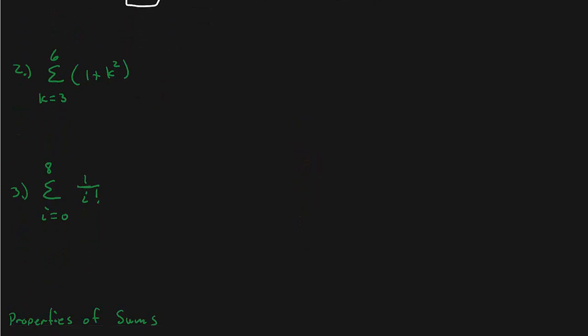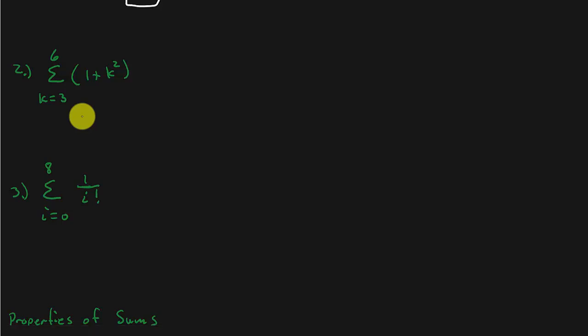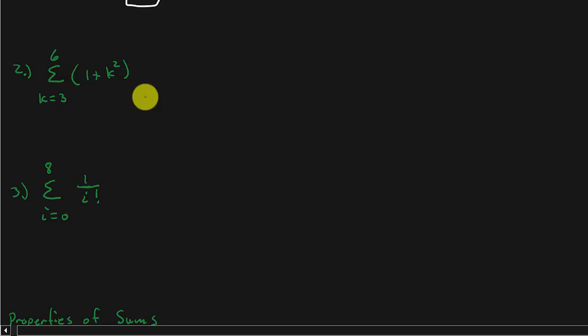All right, so here we have the sum k equals 3 to 6. It doesn't necessarily have to be the letter i. In some of them you'll see the letter n, and in this problem it's k. So the sum from k equals 3 to 6 of 1 plus k squared. What do you think we're going to plug in to this one?